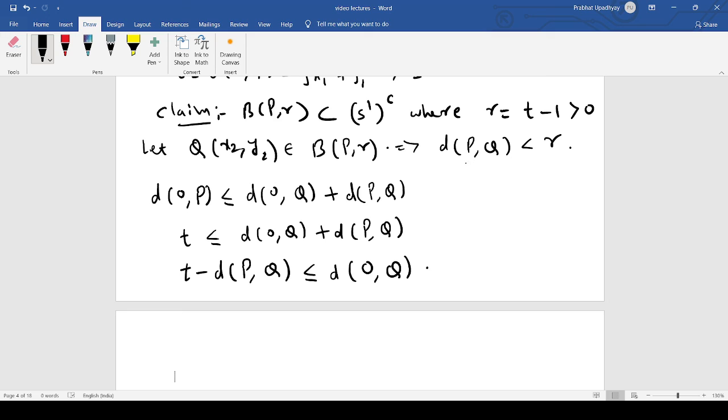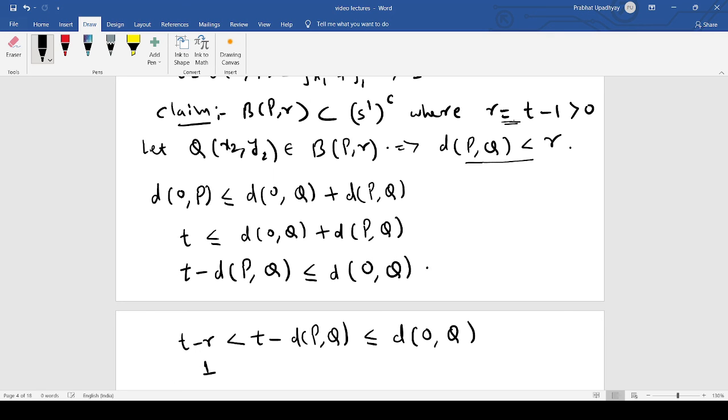Now I have the distance between P and Q is strictly less than R. Therefore, minus d(P, Q) is strictly greater than minus R. So I can say T minus R is less than T minus the distance between P and Q. And T minus the distance between P and Q is less than or equal to the distance between 0 and Q. Now from here I know T minus R is equal to 1.